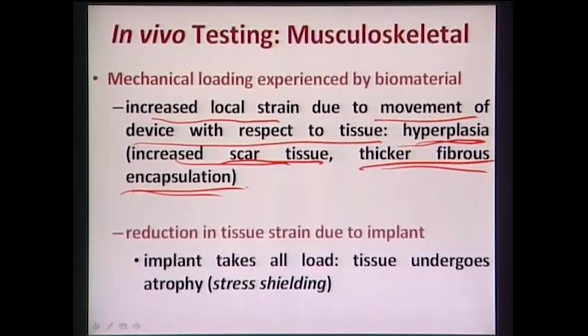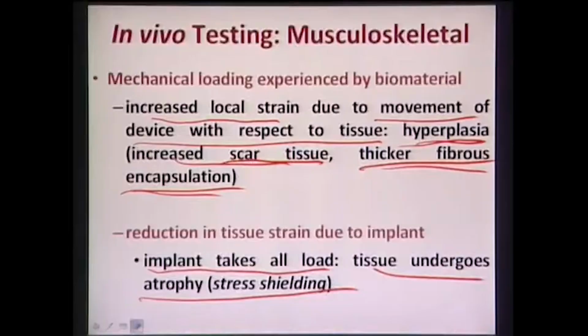Now, the second point mentioned here is the reduction in tissue strain due to the implant. If the implant takes all the load, then the tissue undergoes atrophy, like stress shielding. What it means, as I said, is that if there is a large mismatch in elastic modulus between the tissue and the implant, and the implant has a much higher modulus than the tissue, then the implant will carry most of the load, not the tissue, and as a result the tissue surrounding the implant will undergo atrophy.